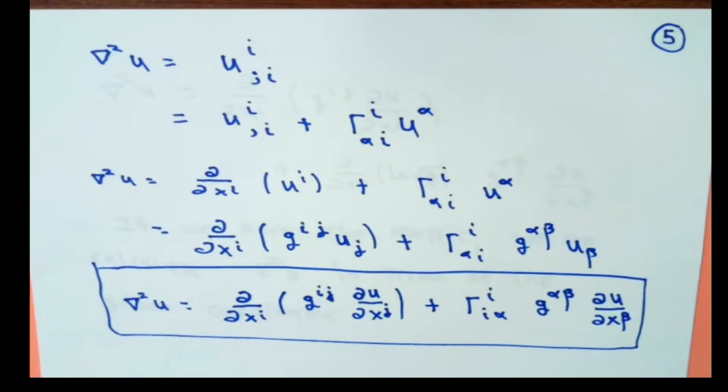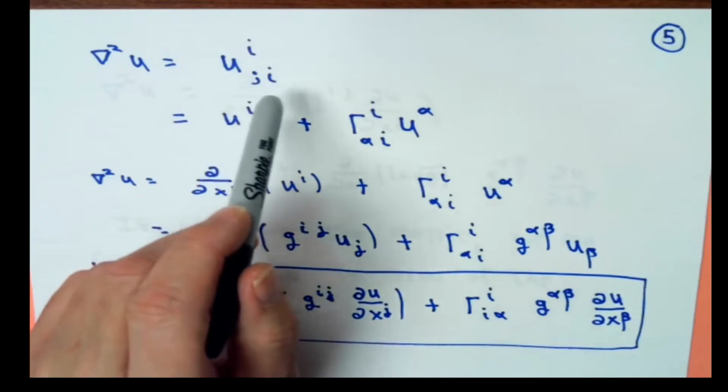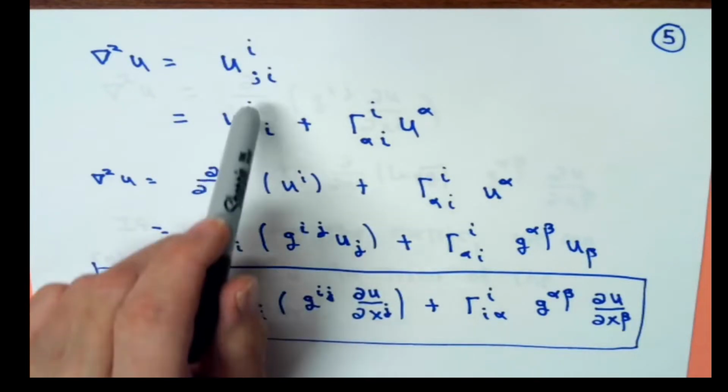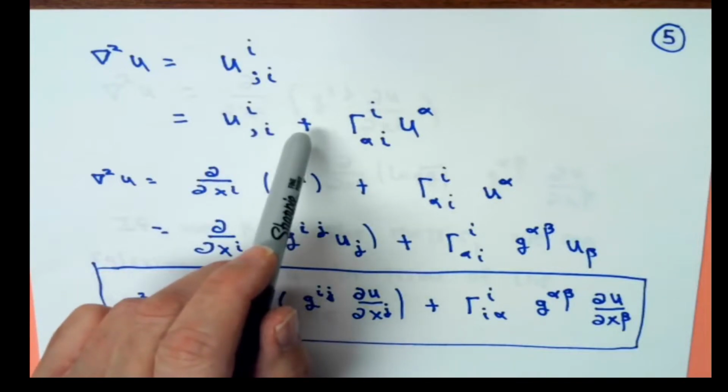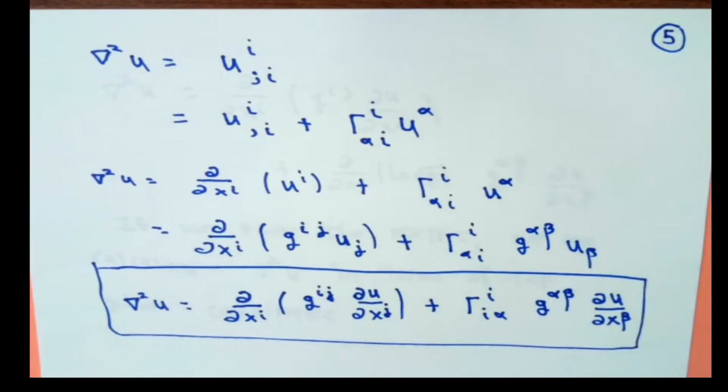Every downstairs, which we don't have, gets a term that looks like something that you would get from a one form. So u I semicolon I is u I comma I plus a Christoffel symbol times one of the u's.